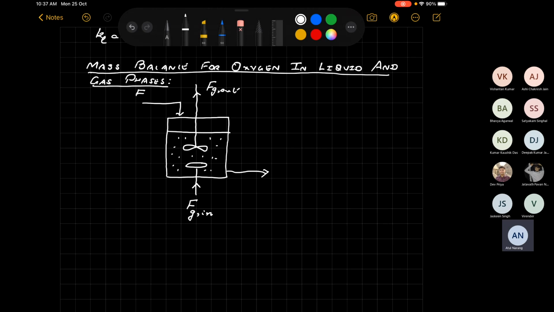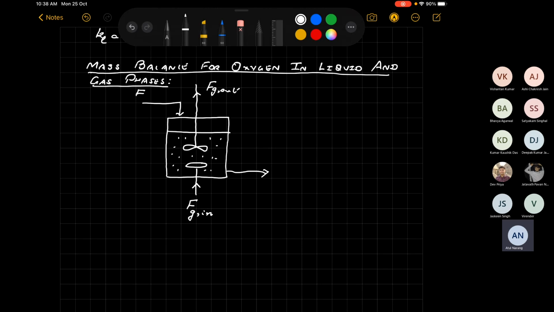I mean, for the liquid phase, you can be sure that there's hardly any change in the flow rate. And the reason for that is there is literally no change in the density going in and going out. I mean, the density of the liquid, we have basically medium going in, it has no cells in it, is around 1.02, 1 point something like that, because of the salts that you've added to the medium.